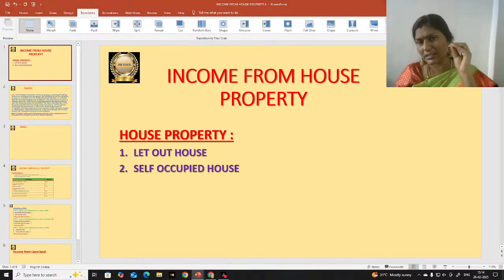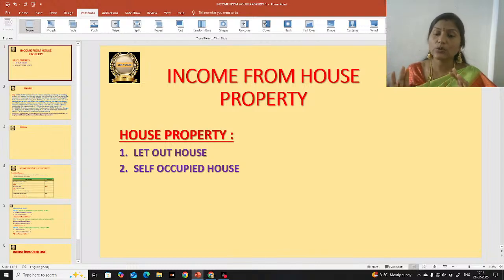If any assessee has any head of income out of these 5, then that should be calculated, and that comes under tax liability. The income tax department is going to impose tax on the income the assessee earns under these 5 heads.